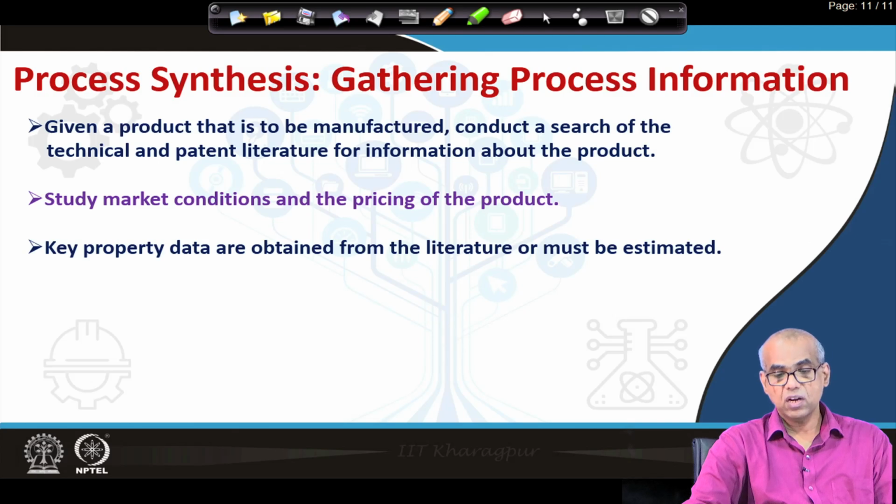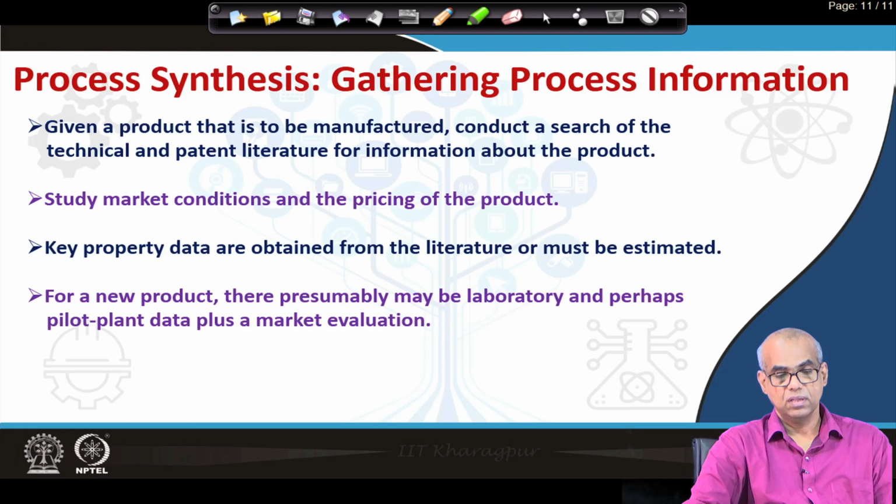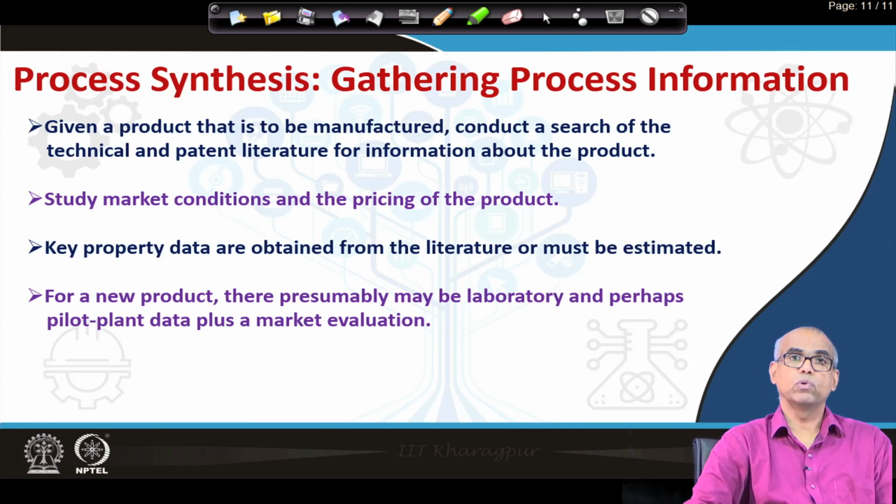Key property data are obtained from the literature or must be estimated. For a new product, there may be laboratory and perhaps pilot plant data plus a market evaluation. So, these may be required for a new product.